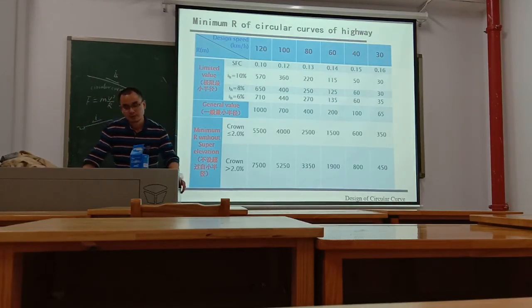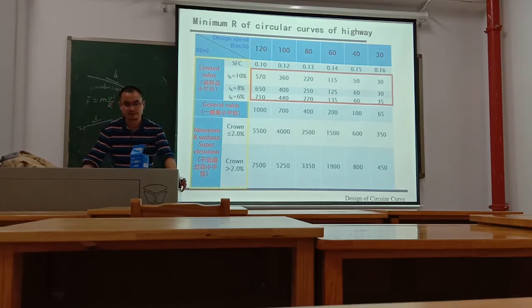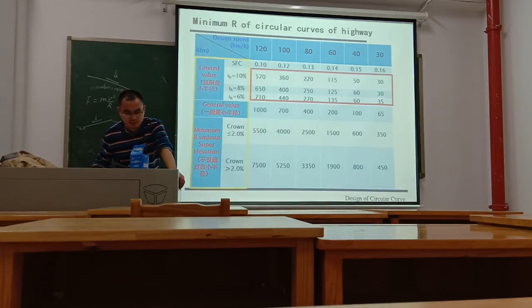According to the above, we can get the minimum radius of circular paths of highway. This is the limited value.